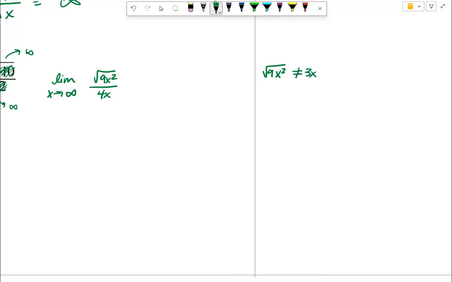So here's why we want to be careful about that. Let's say that x equals 3. If I think about the square root of x squared, the square root of 3 squared is the square root of 9, which is 3.